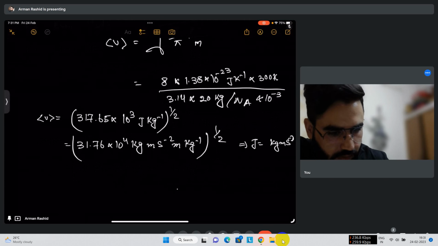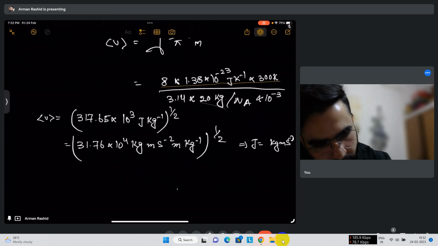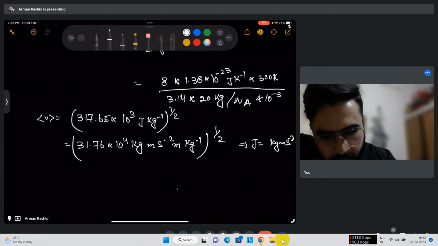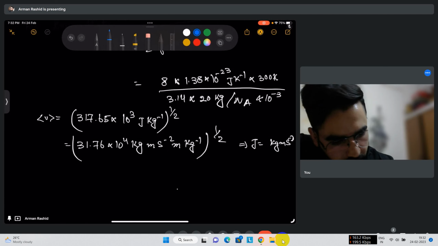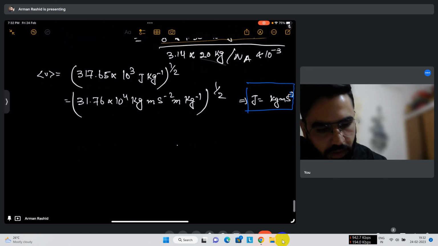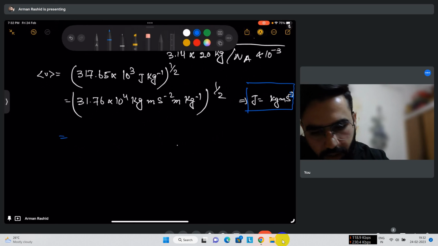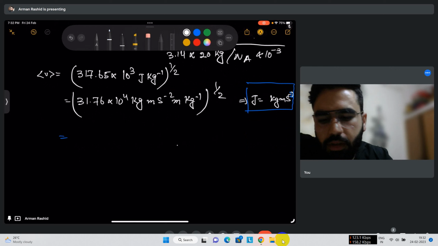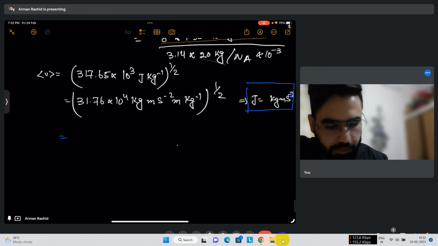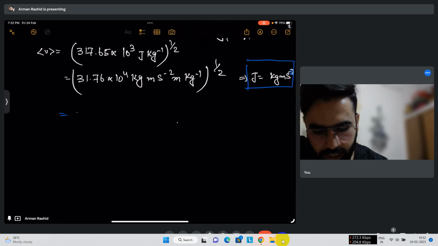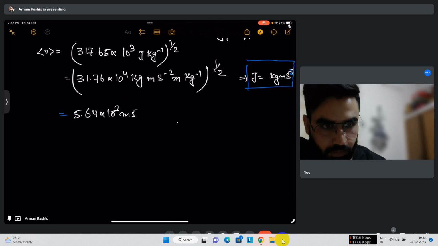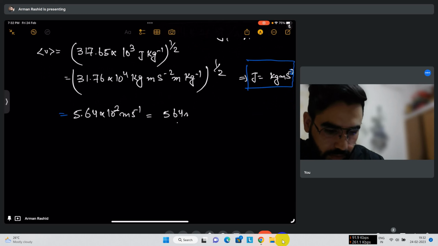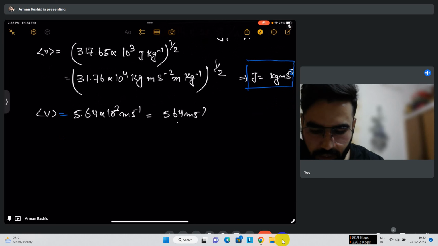I have used this, and so we'll get 564 meter per second. Okay, so we determined the average velocity.